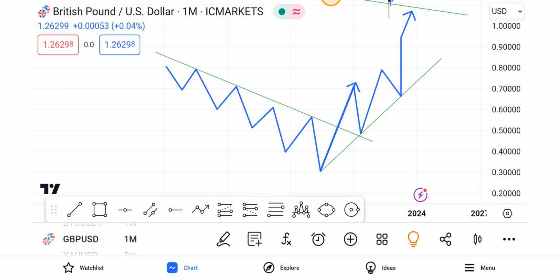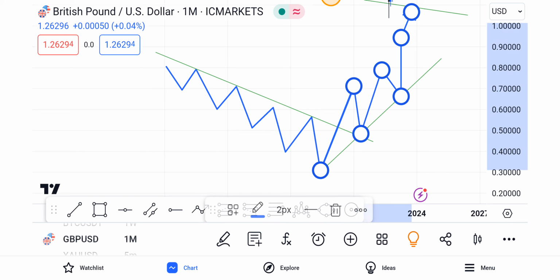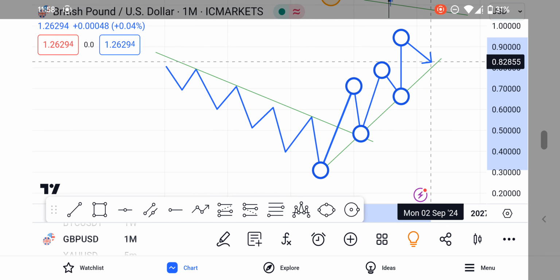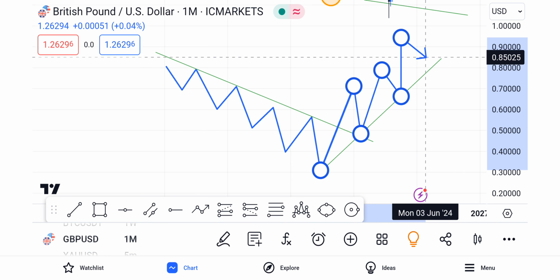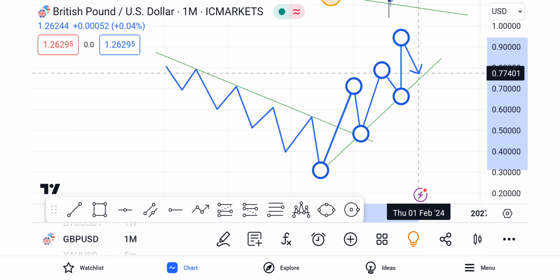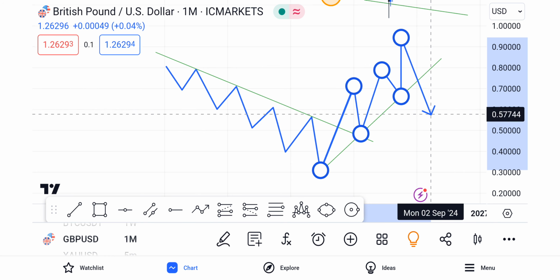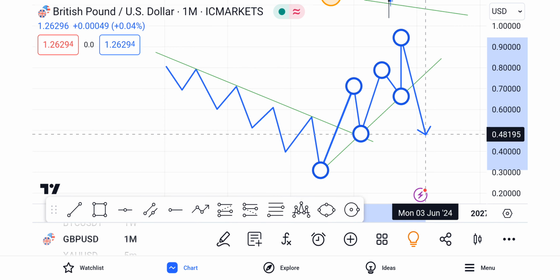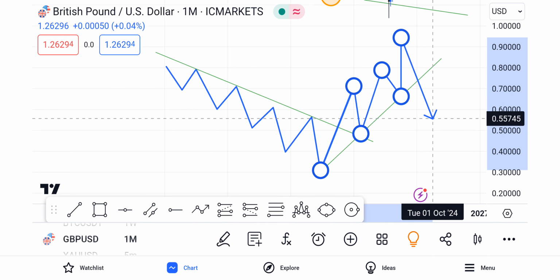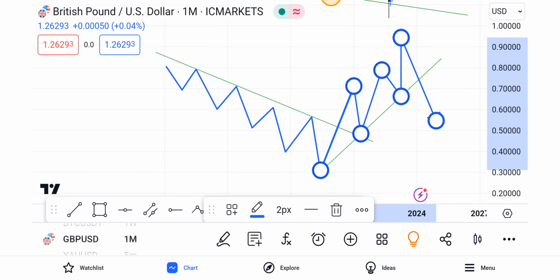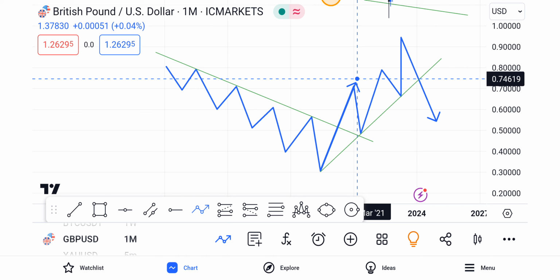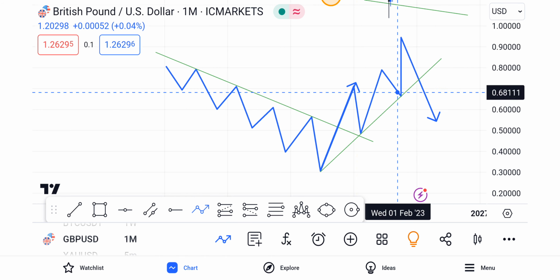The next scenario that we have is, before we go, if again we see a scenario where price fails to maintain on this trend line, so remember this is a support trend line, and instead breaks below this low from here and breaks below the trend line, then we begin to anticipate another shift in market trend or market structure.